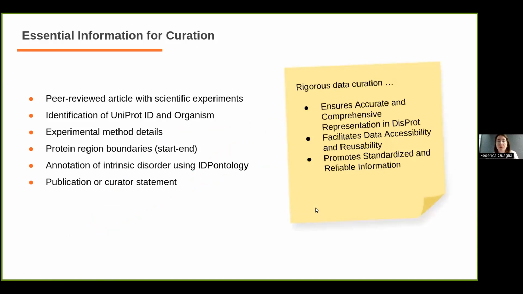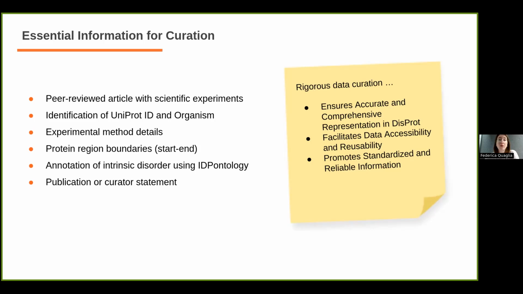Which is the essential information for curation in DisProt? A curator has to start from a peer-reviewed article that contains scientific experiments. That might be experiments that assess the presence of intrinsic disorder in a protein, or experiments that assess a function of an intrinsically disordered protein region.